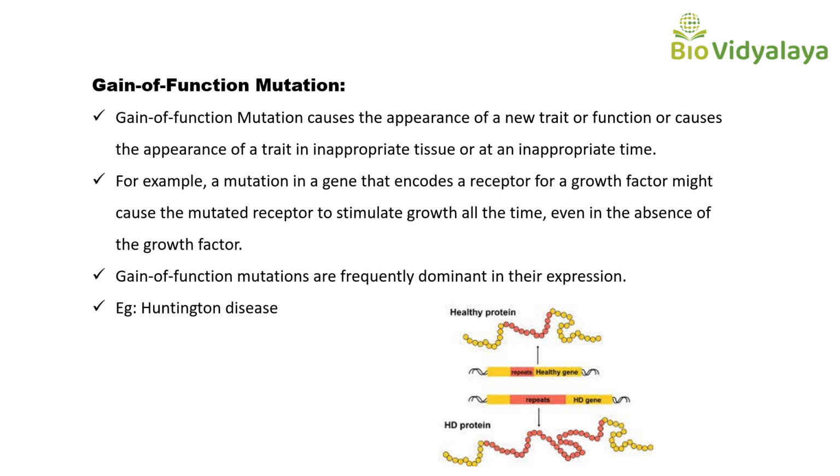An example for loss of function mutation is in the case of a tumor suppressor gene. The normal function of a tumor suppressor gene is to decrease the cancer risk, and a loss of function mutation in a tumor suppressor gene will lead to loss of its activity and allow cancer cells to occur.